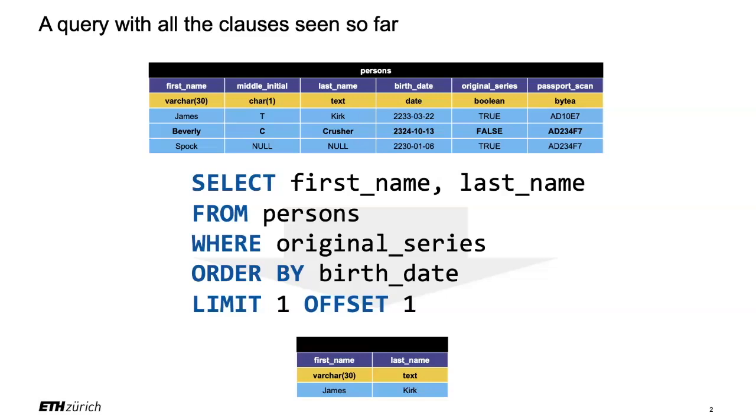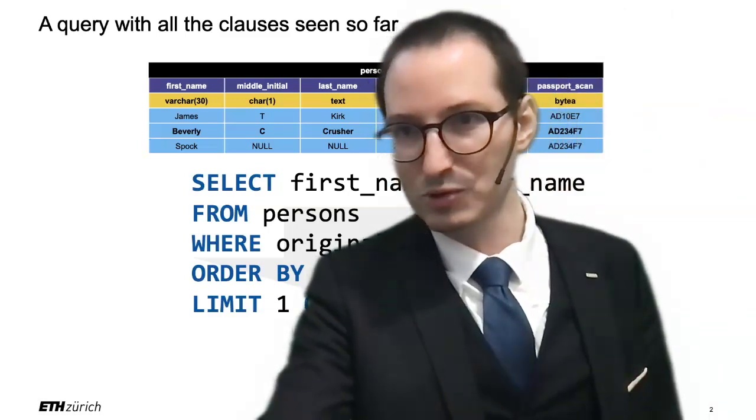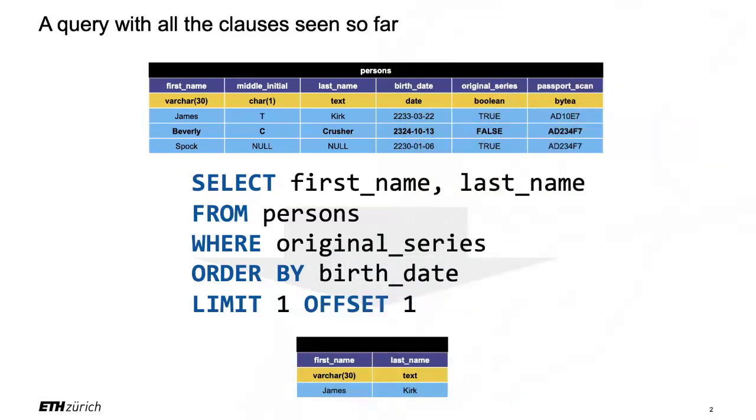And I gave you a little word of warning. I told you be careful. If you use limit and offset alone without order by, be prepared for a bit of randomness. And it's not even deterministic, because if you don't specify any ordering criterion, then the database basically just does whatever it wants to do. That's what I told you.